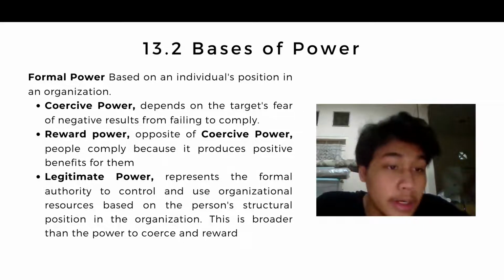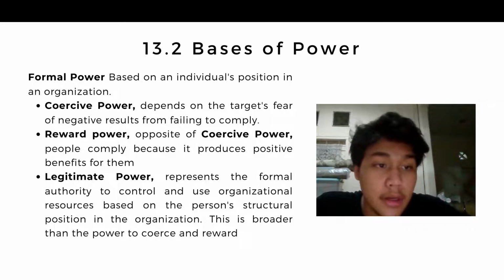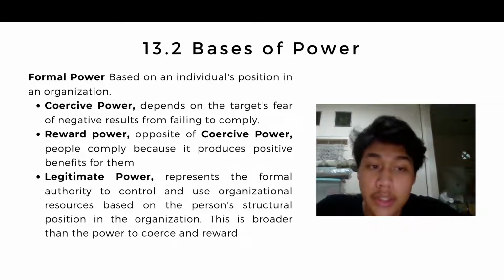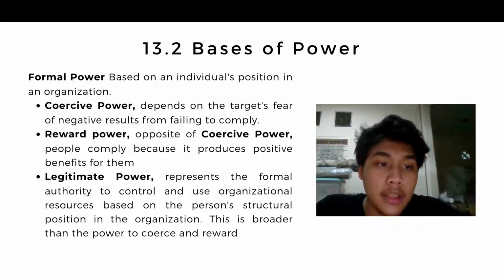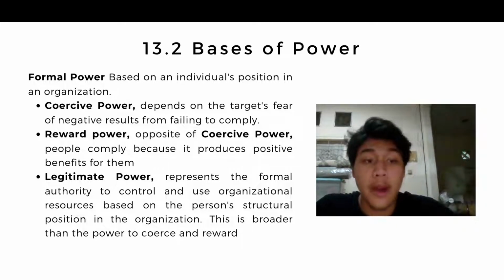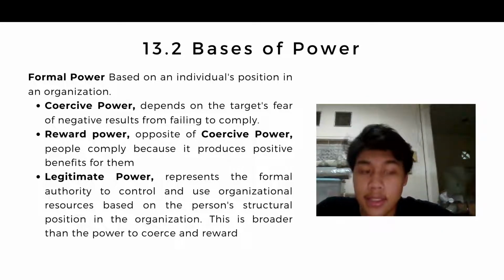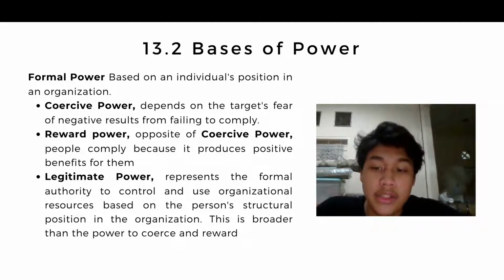13.2 Basis of power. The first basis of power is formal power, which is based on an individual's position in an organization. It is then split into three. First is coercive power. It depends on the target's fear of negative results from failing to comply. The second one is reward power.